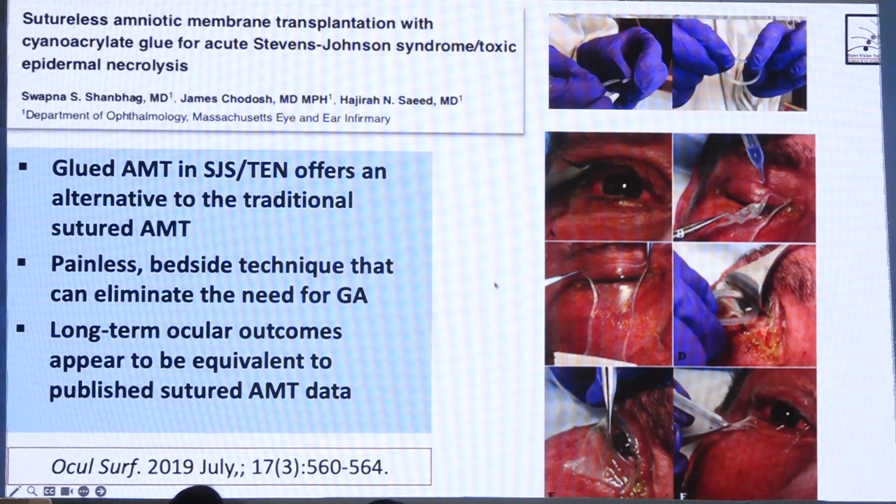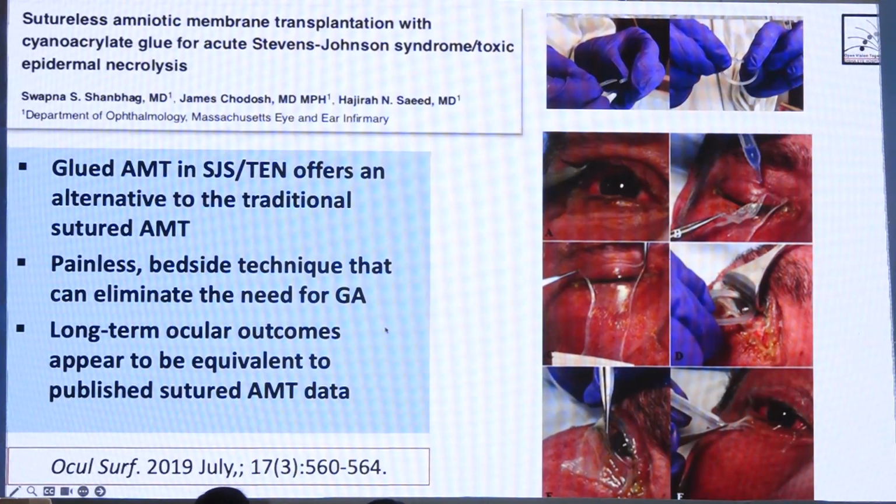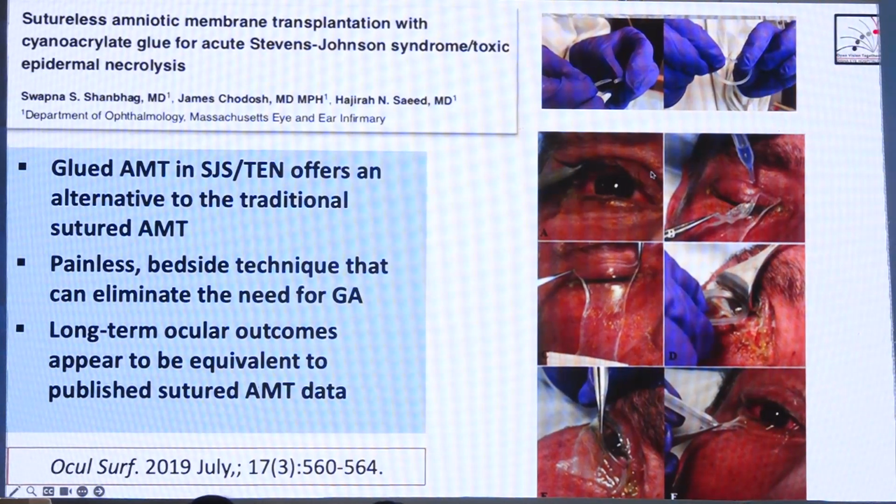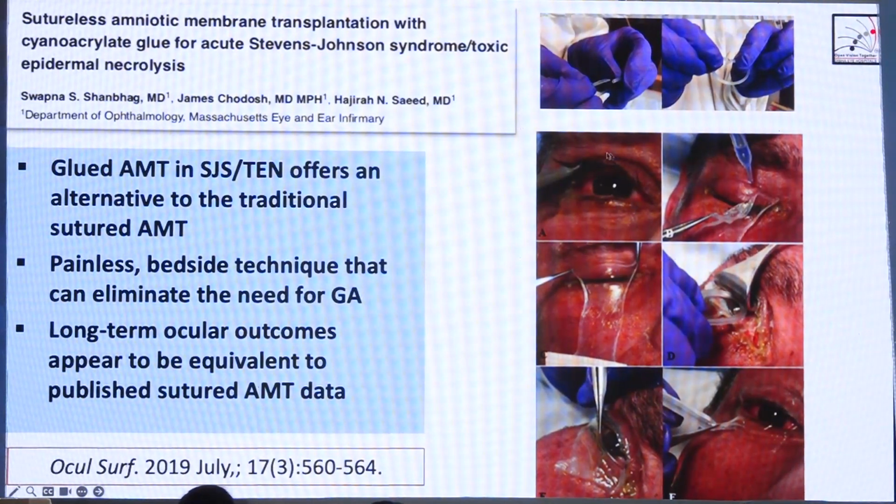This is another technique, reported by Swapna Sanbag et al. What they did was take this amniotic membrane and put cyanoacrylate glue over this area, then they put the amniotic membrane over this area, and then put this symblepharon ring or IV tubing deep in the fornix, and then again put glue here, and then put amniotic membrane over that.